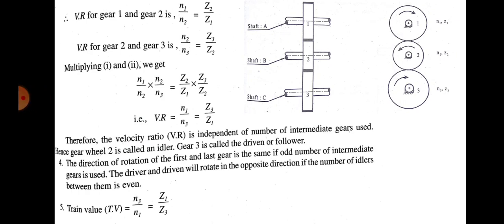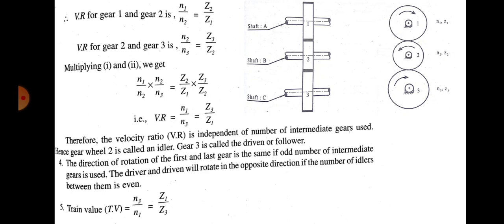What is left is N1 by N3 on the left, and Z3 by Z1 on the right. So for a compound gear train with more than two gears, the velocity ratio is N1 by N3 equal to Z3 by Z1.